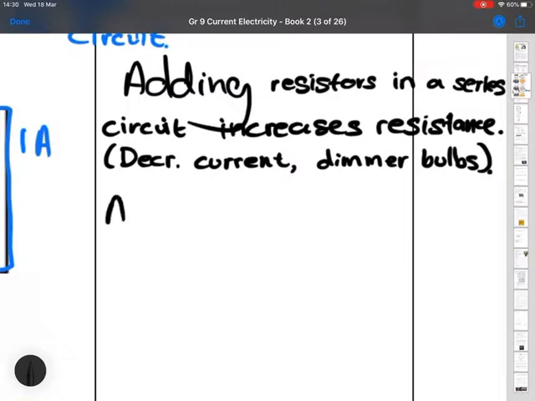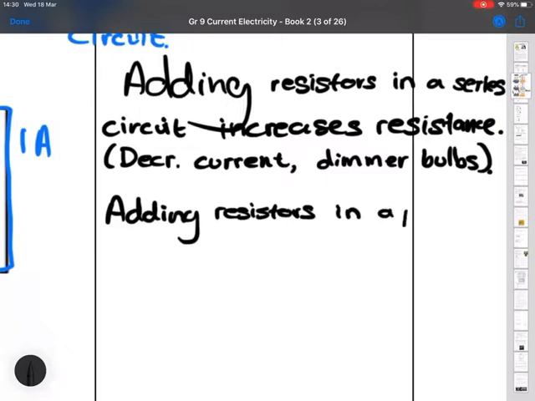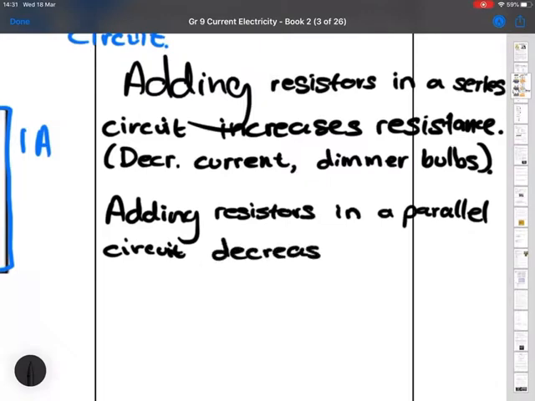Okay, let's talk about a parallel circuit. Adding resistors, even though they're resistors, they still create another path for current to go if you add them in parallel. So adding resistors in a parallel circuit decreases resistance.